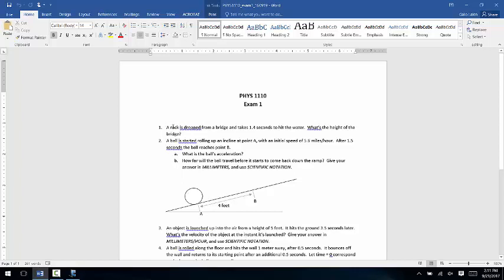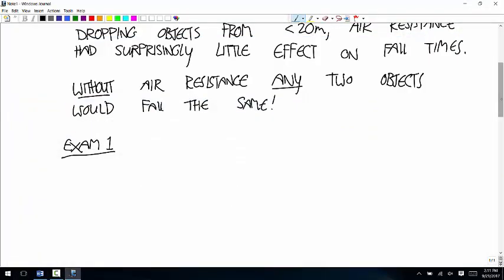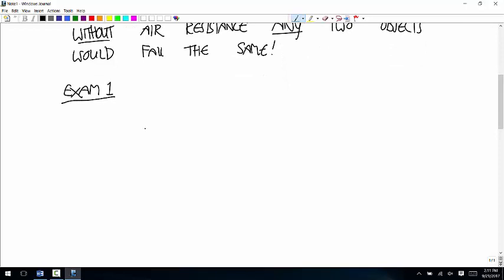So the first one: a rock is dropped from a bridge and it takes 1.4 seconds to hit the water. What's the height of the bridge? That's just the railing, that's not the whole bridge.